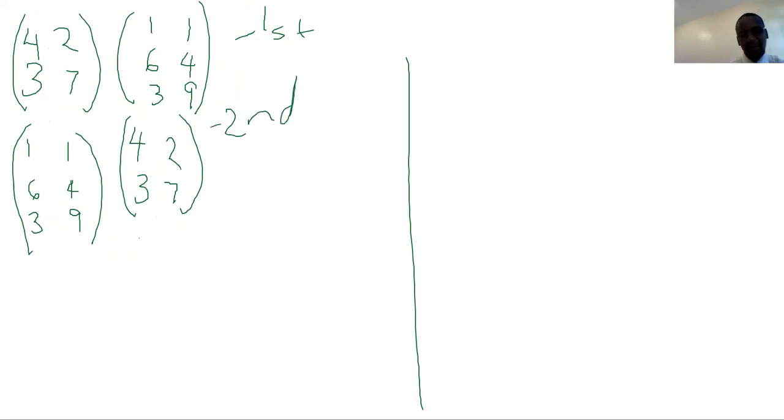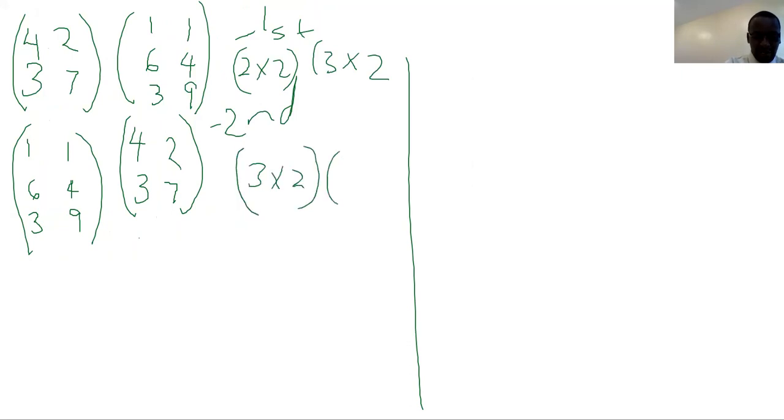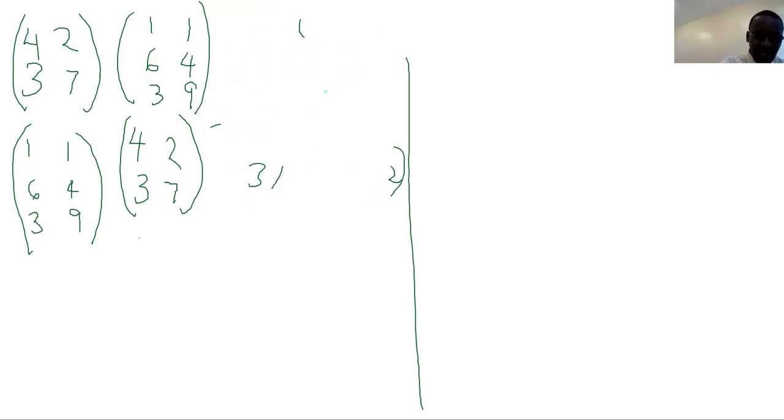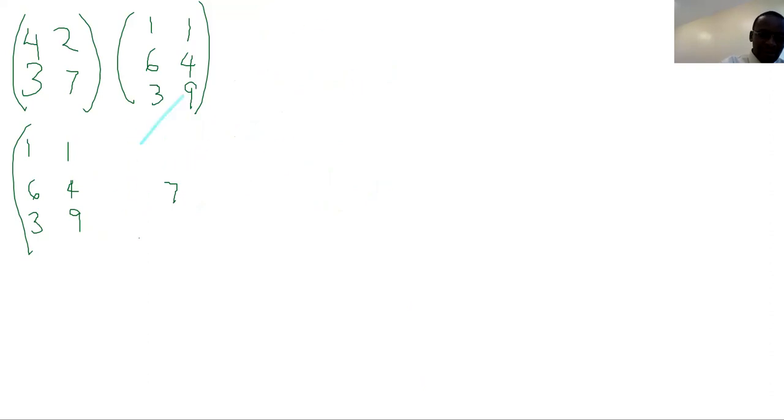Which one is compatible? The first one is a 2 by 2 matrix being multiplied by a 3 by 2 matrix. The second one is a 3 by 2 matrix being multiplied by a 2 by 2 matrix. The first one is not compatible, but the second one is. So we cannot multiply them the way they were arranged first. But the second arrangement is compatible for multiplication.